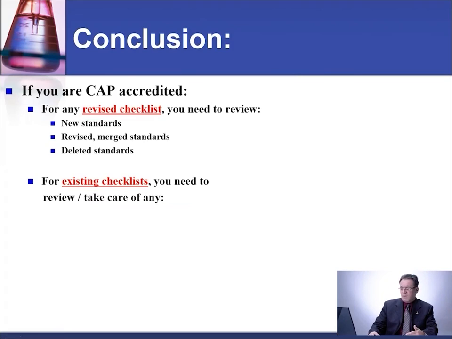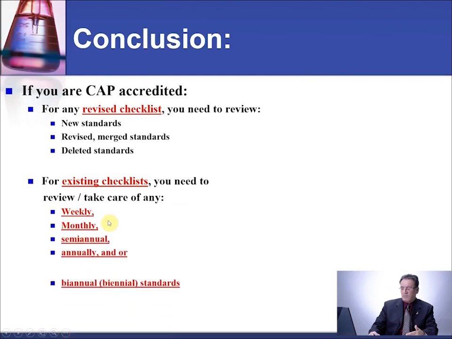Now for an existing checklist, you need to review and take care of any weekly, monthly, semi-annual, annual and biannual standards. What does that mean?